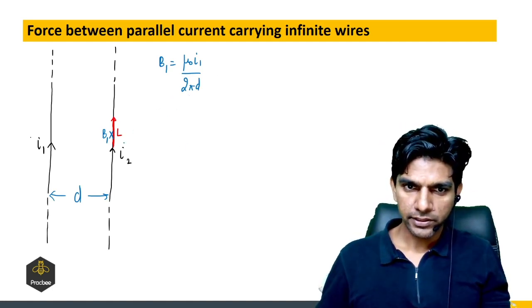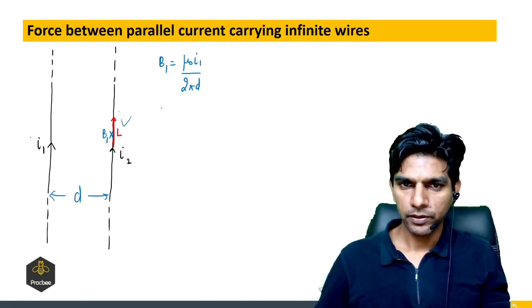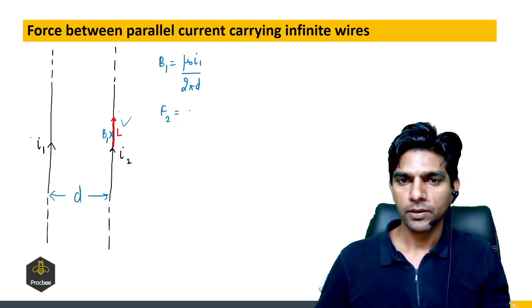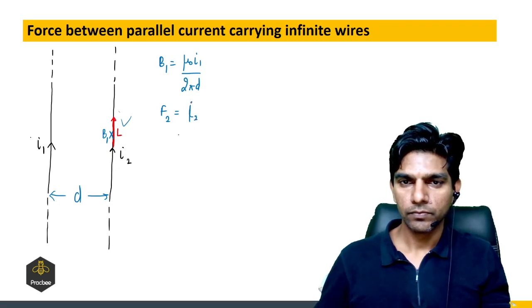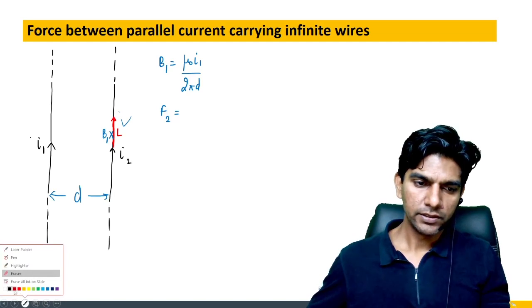So the force experienced by this element, on this length, will be I2 times L cross B1, where I2 is the current.